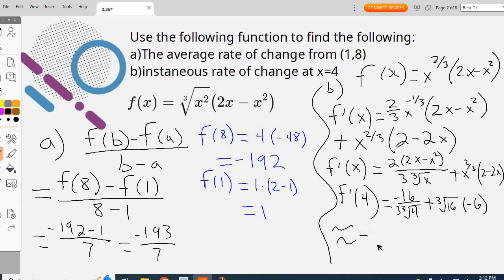Negative what? 18.47, rounded to 3 decimals. That's what I got.